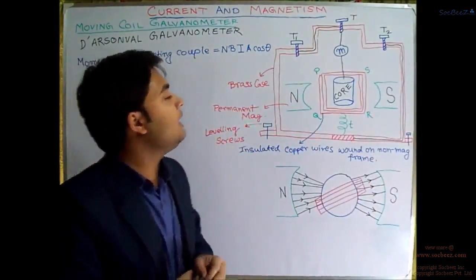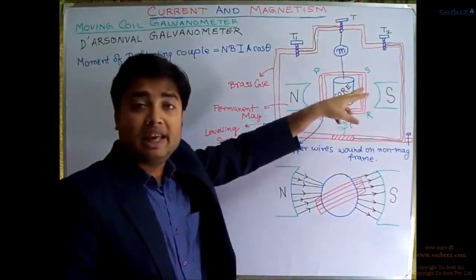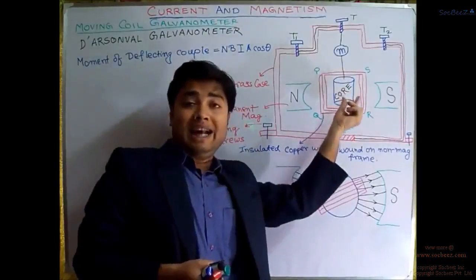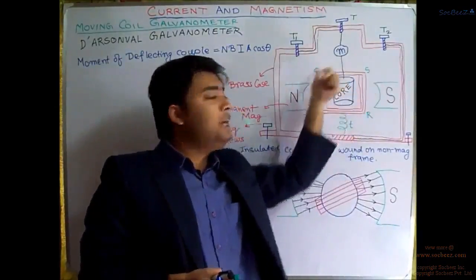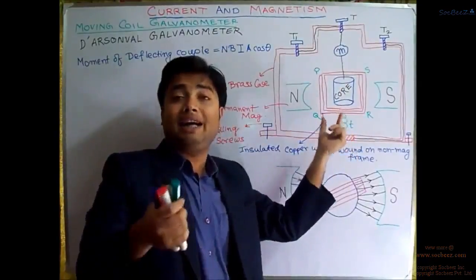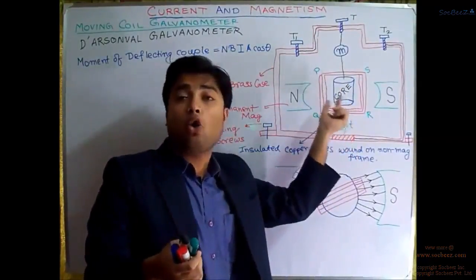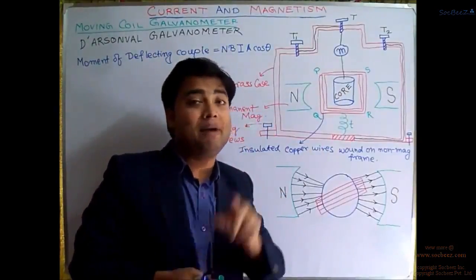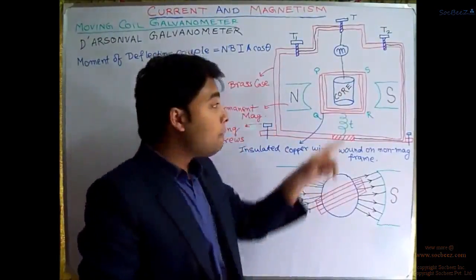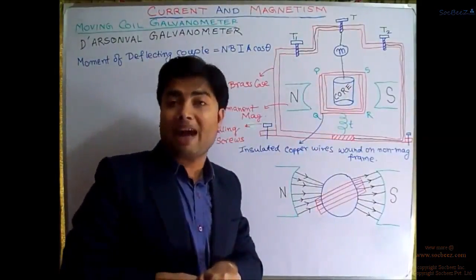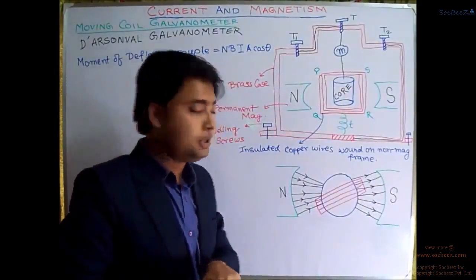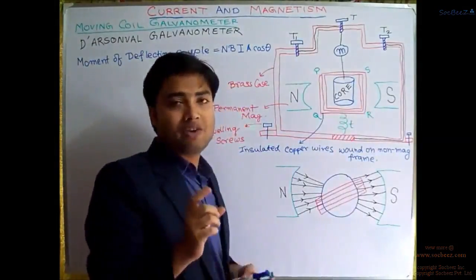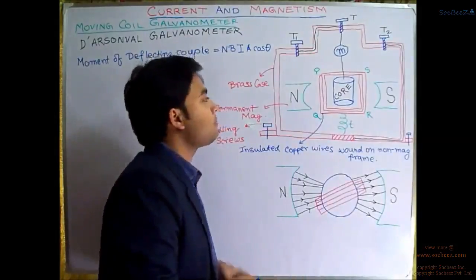And inside this there will be a detached soft iron core, suspended but detached from this PQRS. This soft iron core is basically made up of magnetic material, but the frame is not magnetic at all, right? So we can say that this core is basically soft iron, or magnetic in nature.